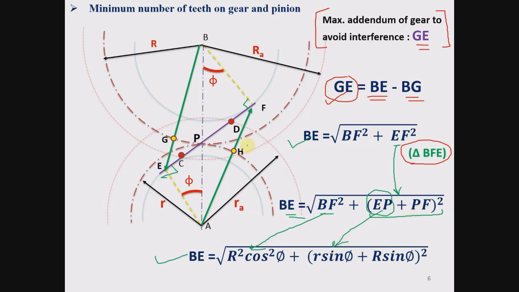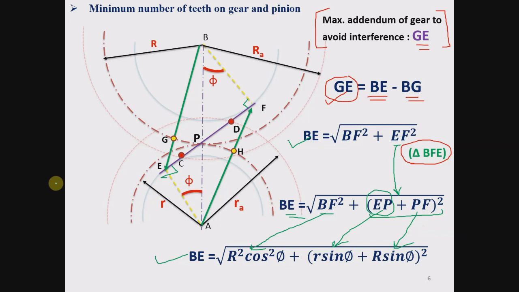And similarly, PF from triangle BPF, which is right angle at F, we can write capital R sin of phi for PF. So substitute these values. So BE is equals to under root of R square cos square phi plus in the bracket R sin of phi plus capital R sin of phi whole bracket square.